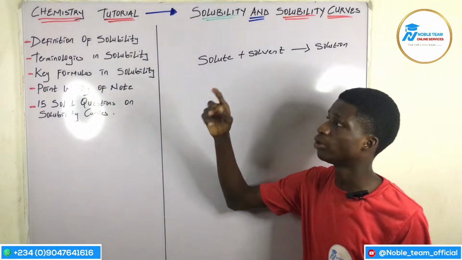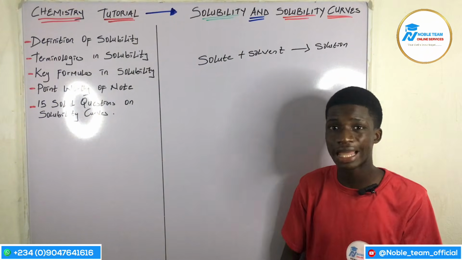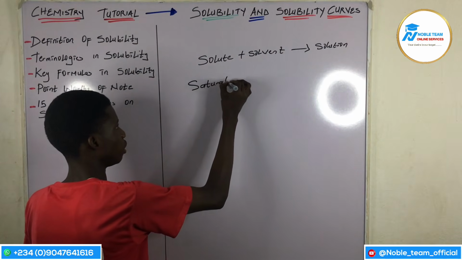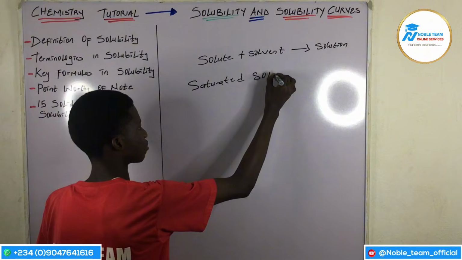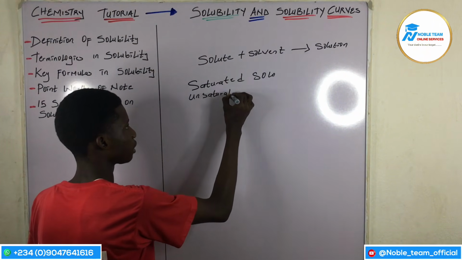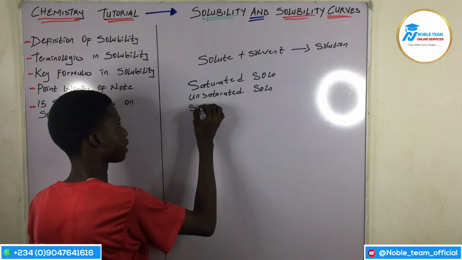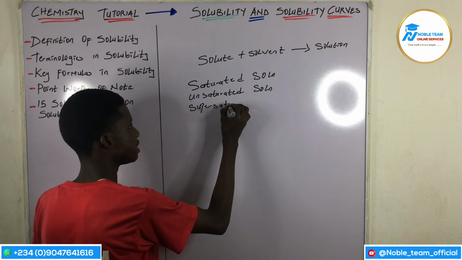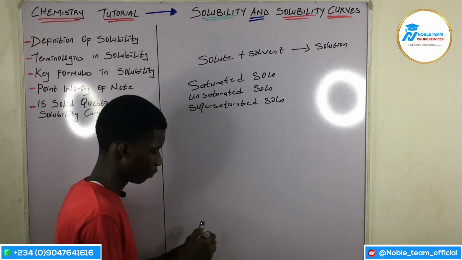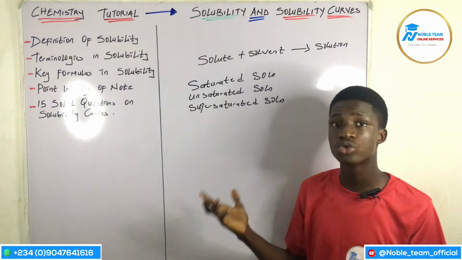That is where we have terminologies in solubility, where we have the saturated solution, unsaturated solution, we also have supersaturated solution. This is a key important point you need to take note of in solubility curve. Now I'm going to be taking them one by one and I'm going to be explaining everything that you need to know under this.